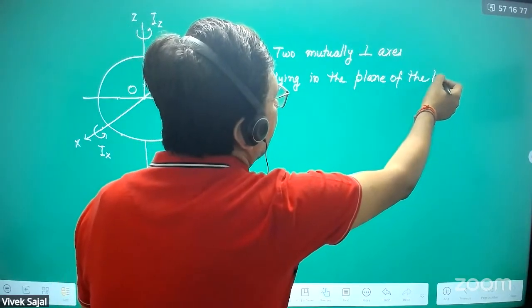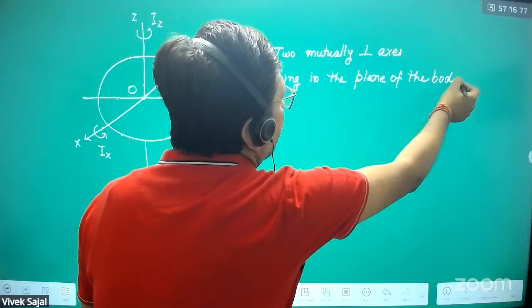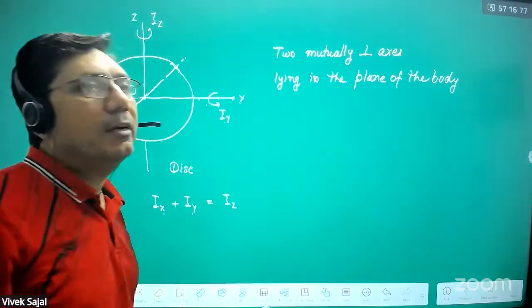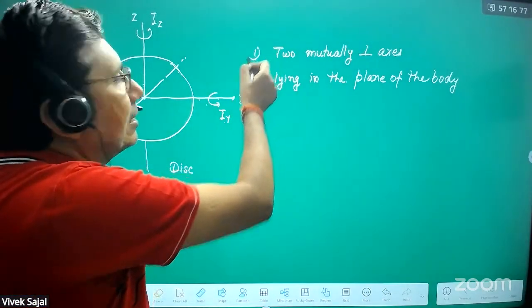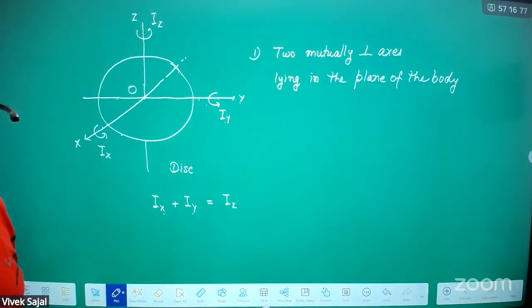If you want to apply this perpendicular axis theorem, first you have to find two axes which are mutually perpendicular and lie in the plane of the body.